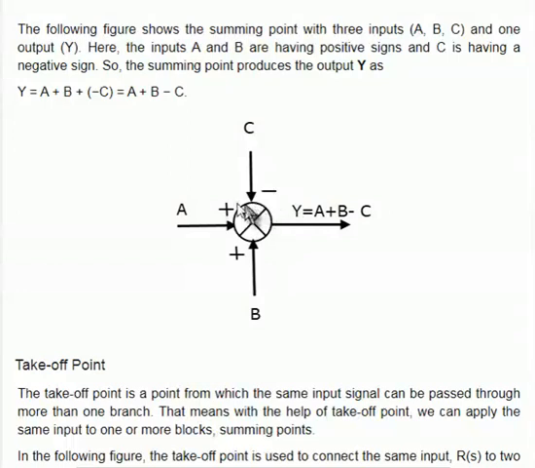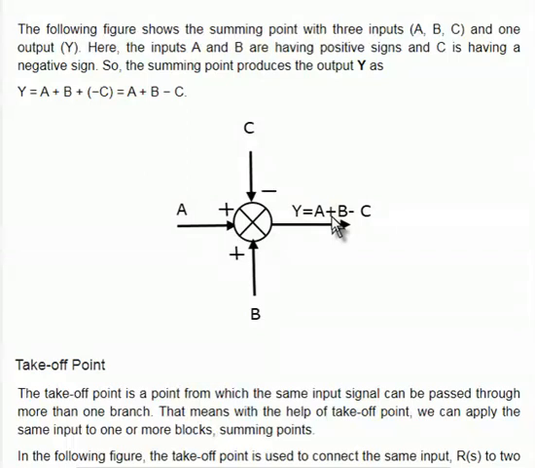Here A and B have positive signs, and C has a negative sign. So we can write Y is equal to A plus B minus C. This represents the combination of summation and subtraction.